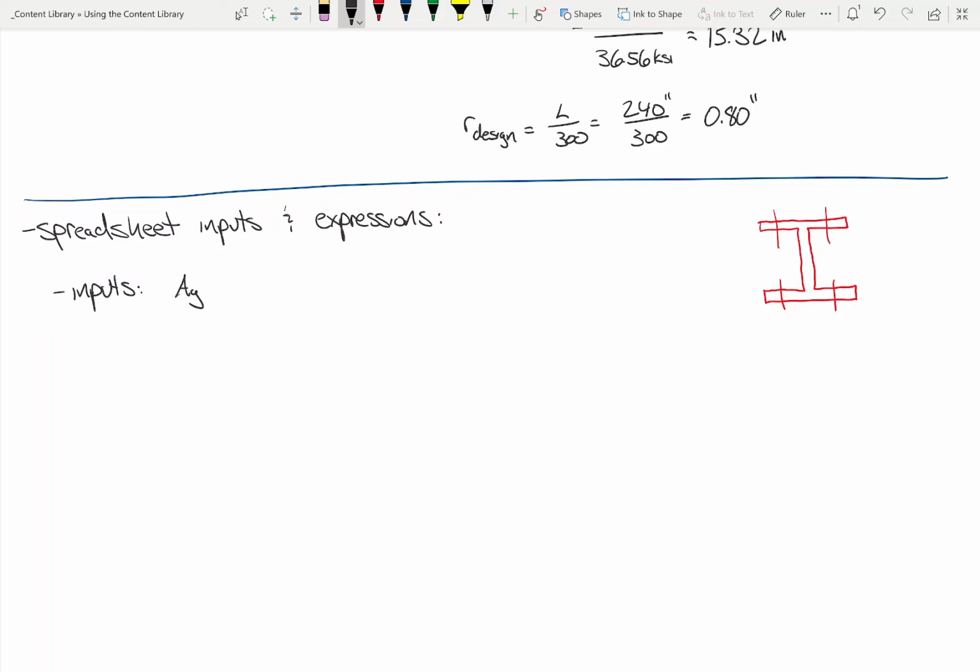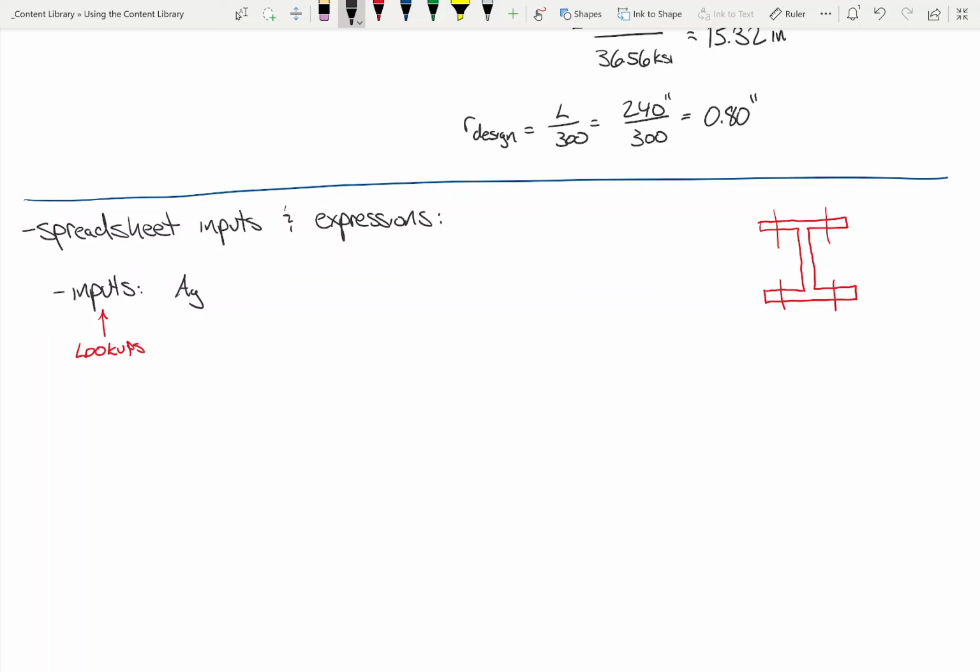Give me another property of a W section that I'm going to need. Am I going to look up net area? Maybe what I should say is by inputs, I'm talking about lookups. Thickness of flange.